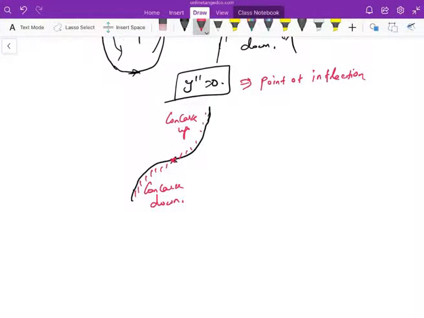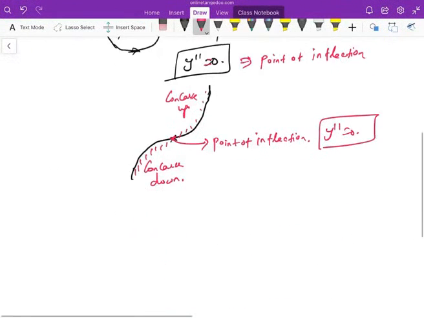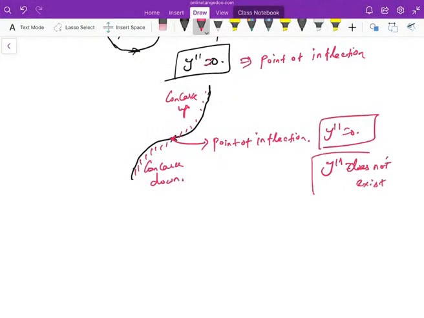This is where it changes its concavity. This point is the point of inflection. Wherever y double dash goes to 0, that point is a point of inflection. Otherwise, if y double dash does not exist at a point, those points also give you a point of inflection.